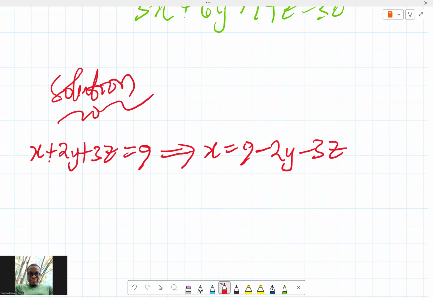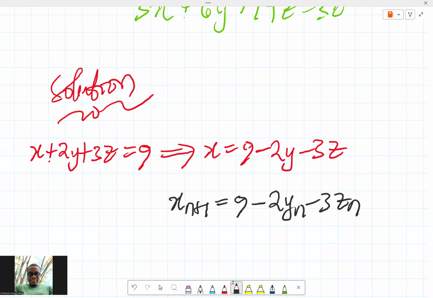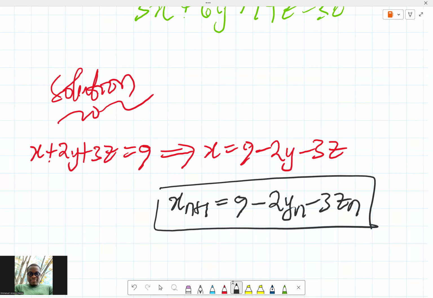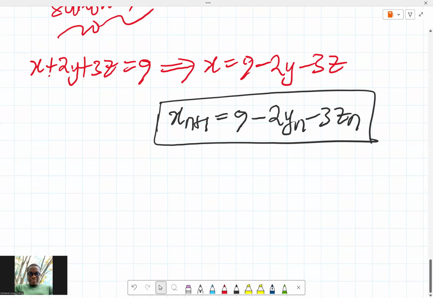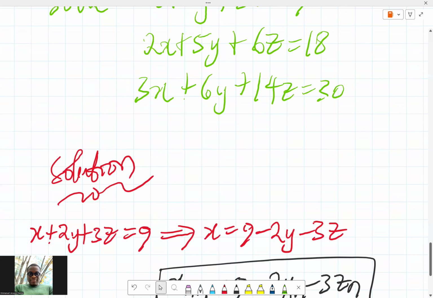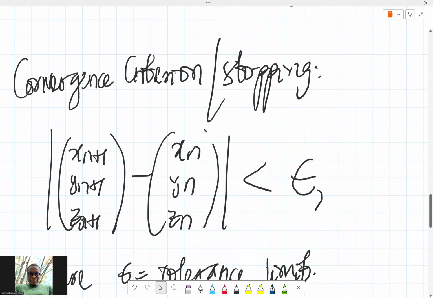So if you're going to form a formula from this, that formula is going to be xn plus 1 is equal to 9 minus 2yn minus 3zn. That is the formula we are going to use. Before you got here, all we had was xn, or maybe x naught.